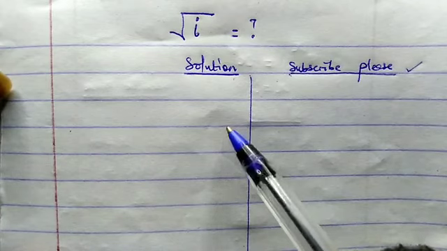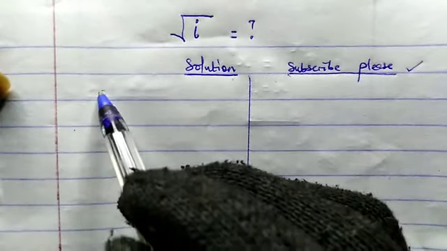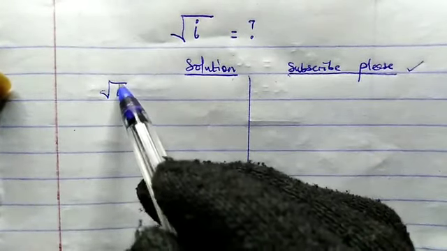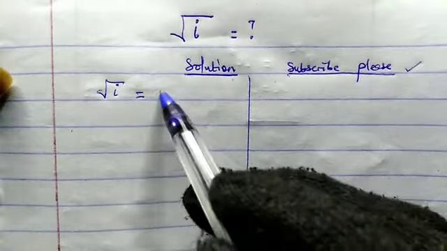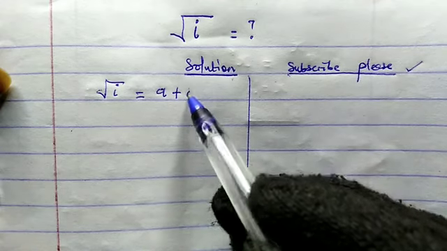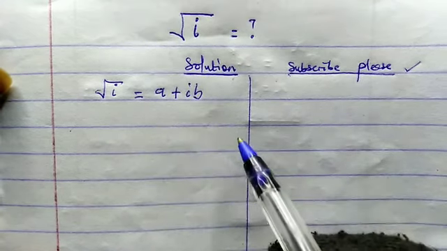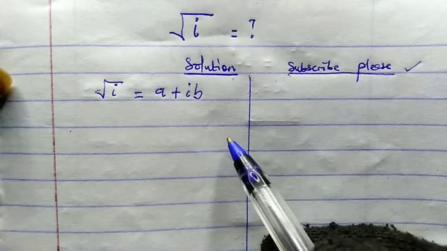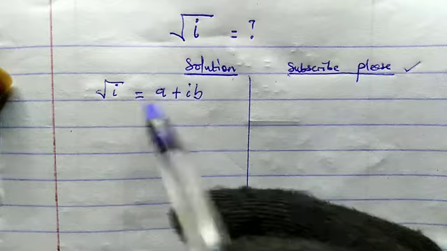We are going to let or assume that the square root of this I has a real part of A, then plus the imaginary part of B, right? Then from here, we are going to square both sides.